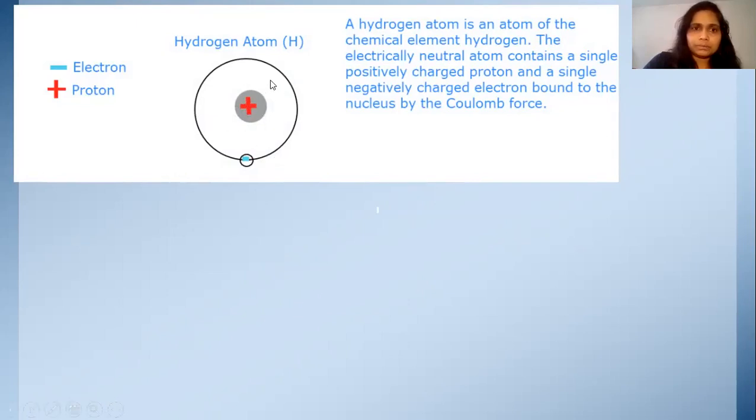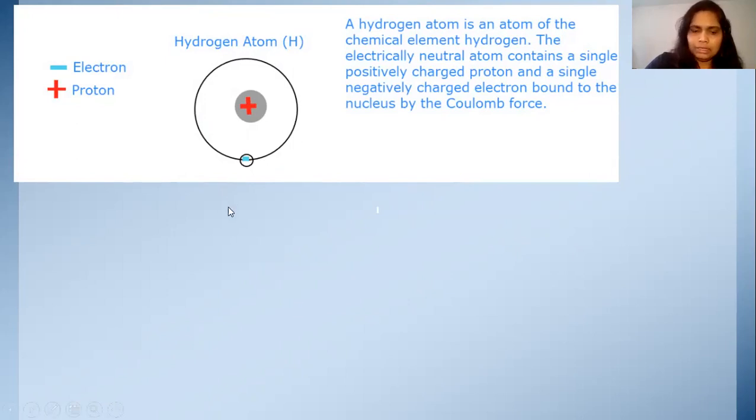We call this a hydrogen atom. If you look at the charges here, there's one positive charge and one negative charge. So they are in a neutral condition because there are no extra positive or extra negative charges. They are canceling out their charges. So this is a hydrogen atom, which is electrically neutral.